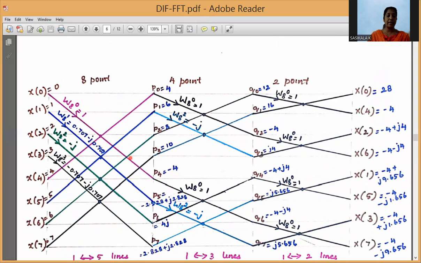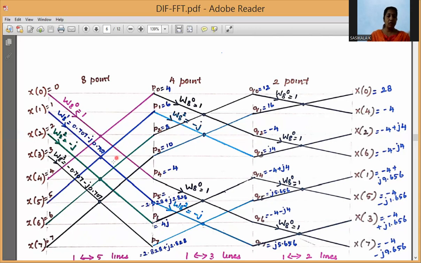And now come to the second butterfly. In the second butterfly, here the inputs are x of 1 and x of 5, and the outputs are P1 and P5. So the first output P1 is equal to the first input plus the second input, that is x of 1 plus x of 5.